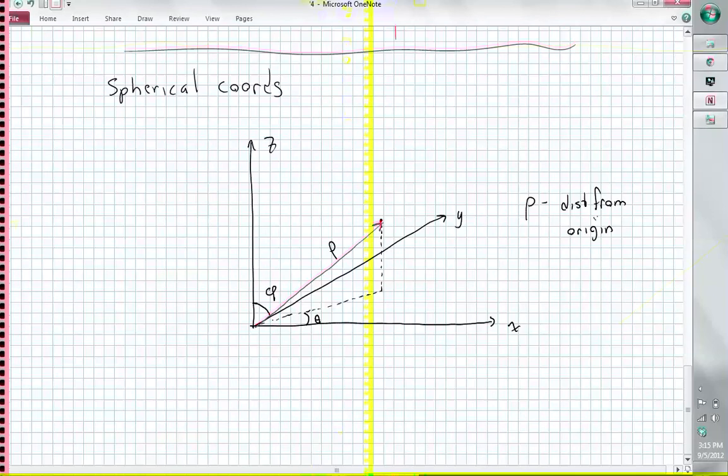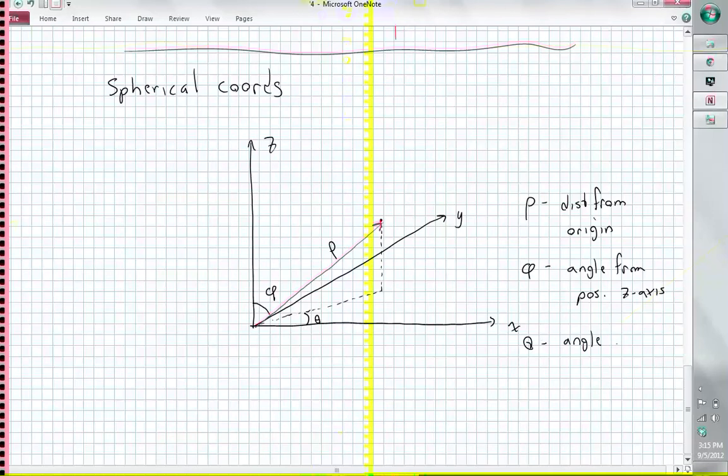Rho is the distance from the origin, phi is the angle from the positive z-axis, and theta is the angle between the projection onto the xy plane and the x-axis. That's a little bit wordier, but hopefully you can visualize it.